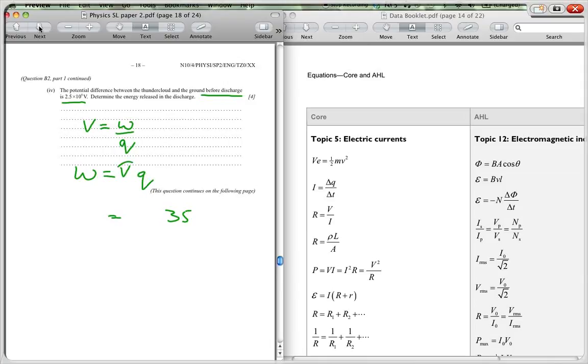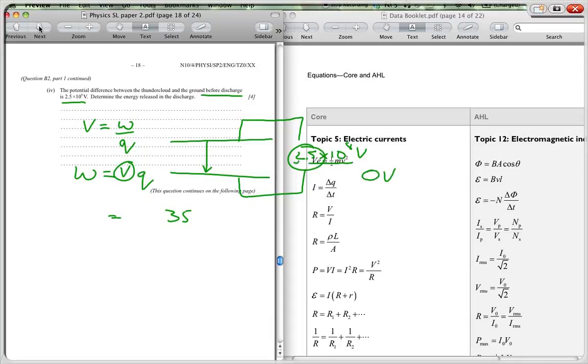Now just a question on the V, because here we start off where you've got a potential difference across these of 2.5 times 10 to the 8 V, but what's going to happen is that as it discharges, as your current flows, so you're getting a discharge there, an equalization, this potential difference is going to drop to 0.